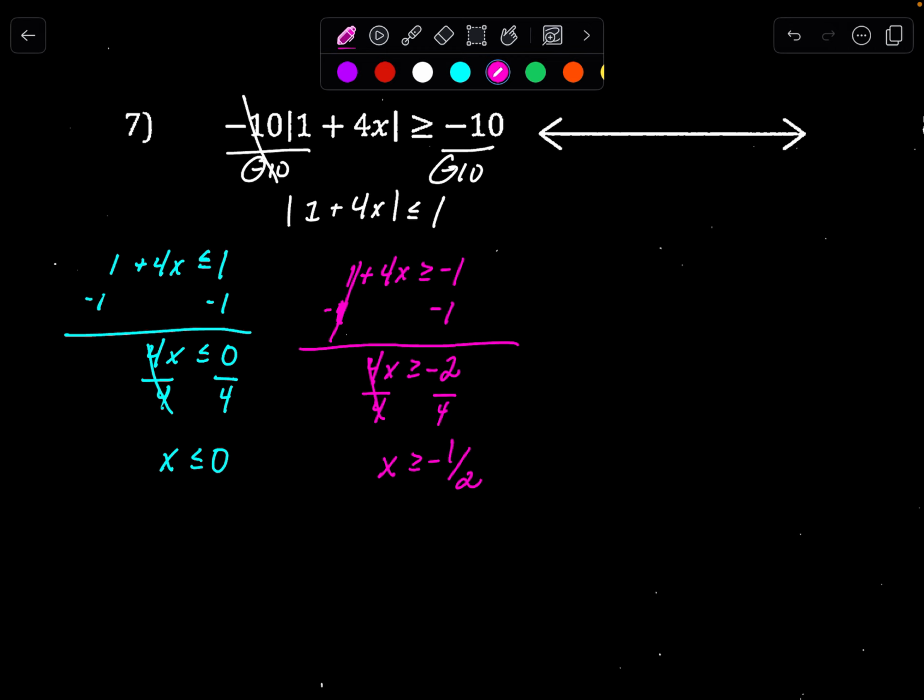Okay? Negative 1/2 is smaller. It's going to be a closed circle on that one. 0 is larger. It's going to be a closed circle as well on that one. And you can see left off 0. You can see right off negative 1/2. Okay, write your inequality.